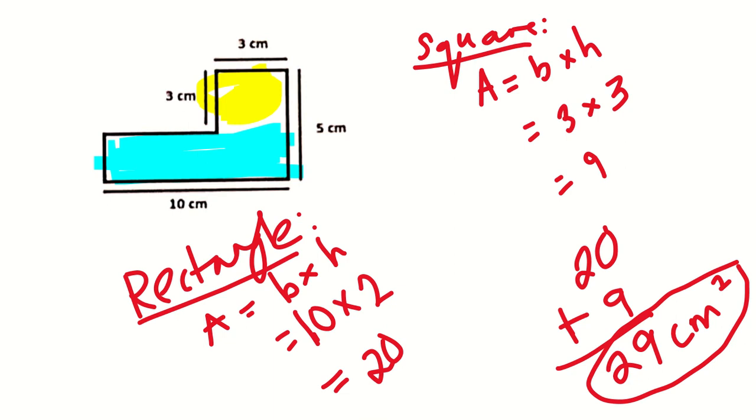But the concept is what I want you to get: you take a big funky looking shape, excuse me, and you cut it up into smaller shapes that you are familiar with. And you put it all together at the end and get your total area. All right, let's do a couple more examples. Rewatch any of that if you need to, if it doesn't make sense.